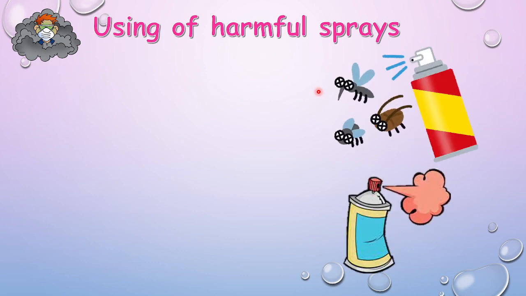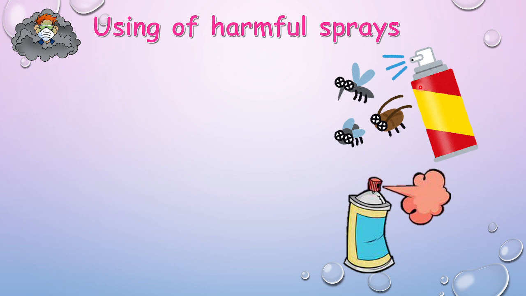Next, using of harmful sprays. Using of harmful sprays such as the spray for insects, for mosquito, for cockroach, yes, a fly, or maybe the spray that farmers use for the insects that eat the vegetables.